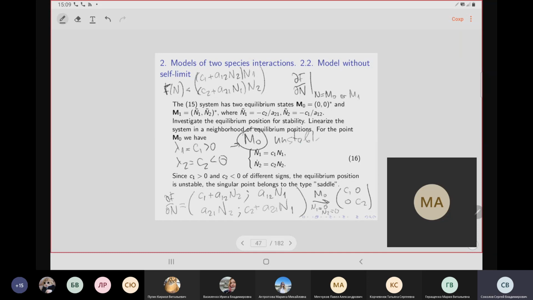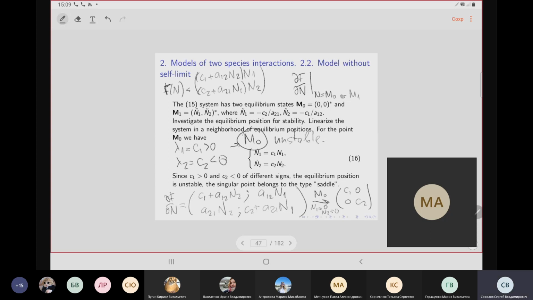Please refresh your memories about stability theory. We will use this linearization a lot during our lectures. So this singular point is called a saddle. For a saddle, we have two real eigenvalues with different signs.